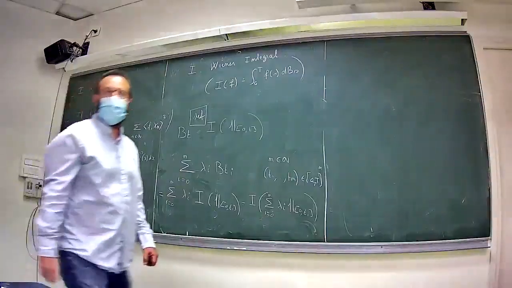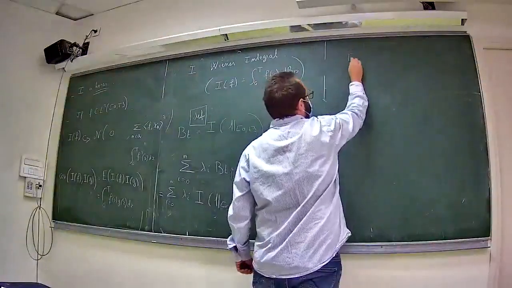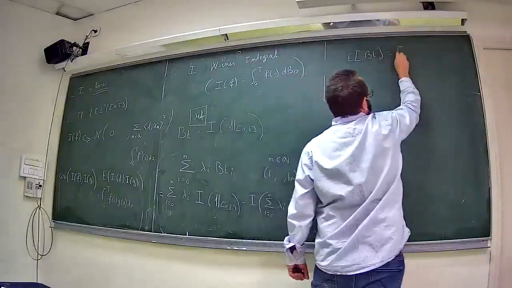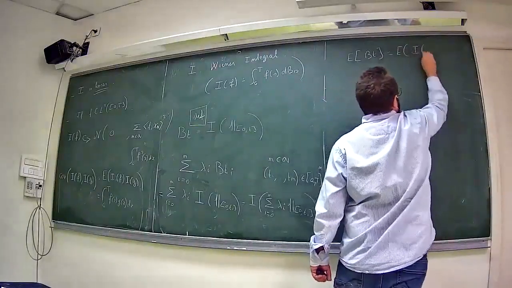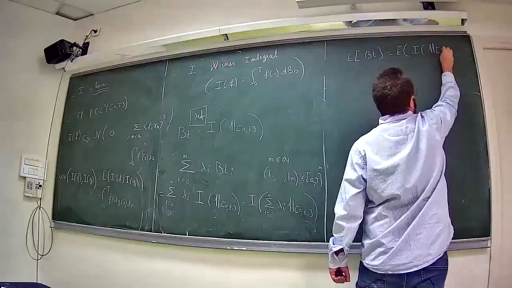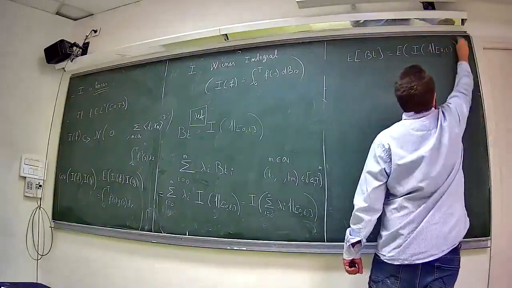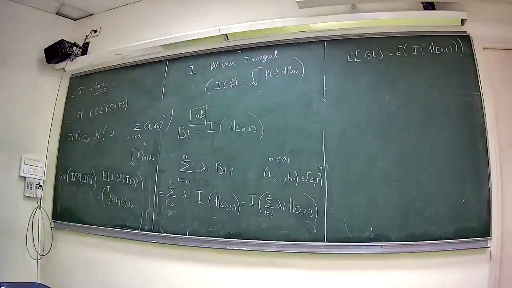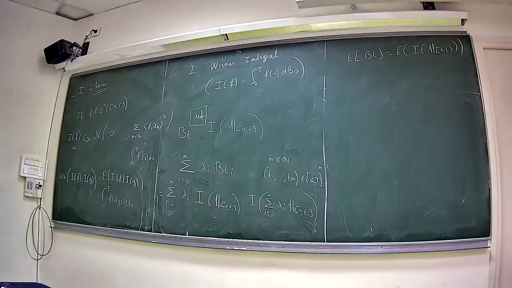Okay, what is the mean function? So what is the expectation of B_t here? It is the expectation of I of someone, that is here the indicator function of [0,t]. And what is the expectation of such an object? Zero.